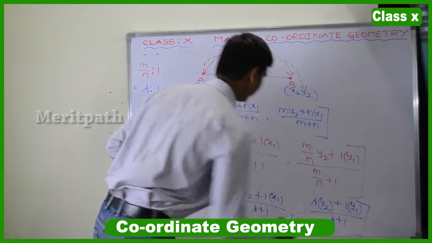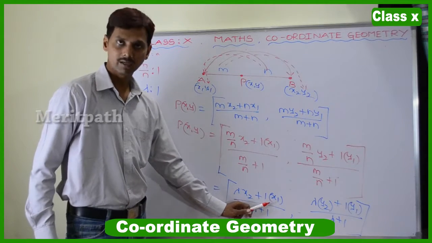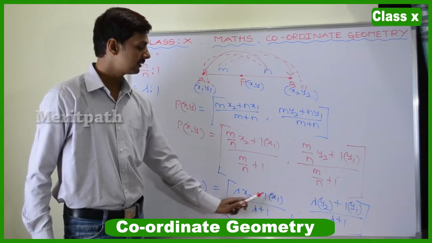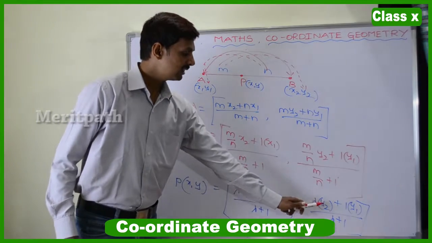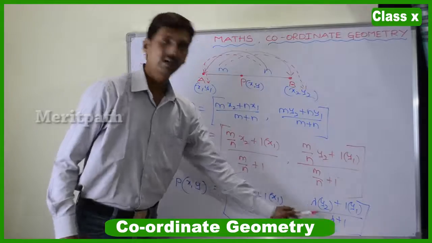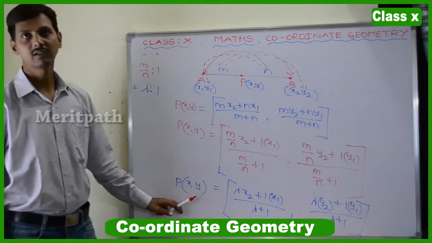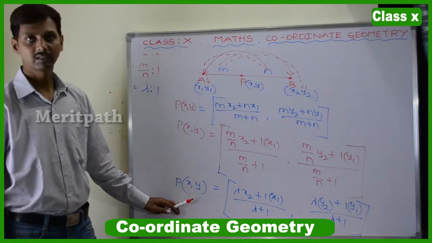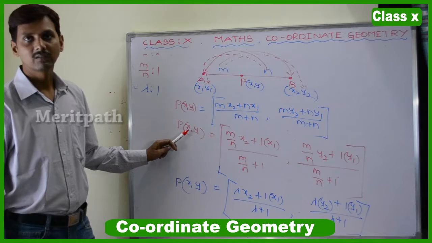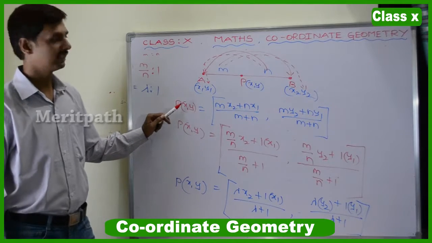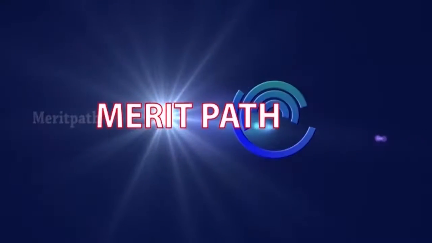After simplification we get (lambda x2 plus x1) by (lambda plus 1), comma, (lambda y2 plus y1) divided by (lambda plus 1). When the ratio is lambda is to 1, this is the section formula, and when the ratio is m by n, this is the section formula for P dividing AB in the ratio of m is to n.